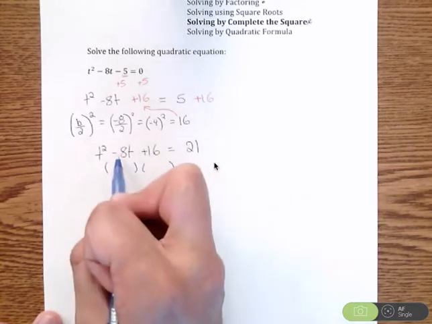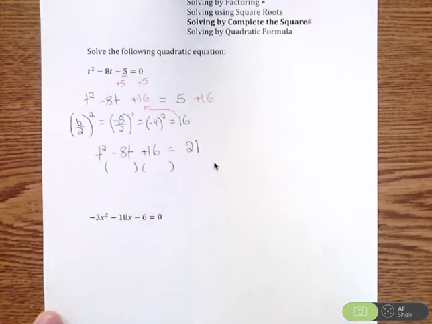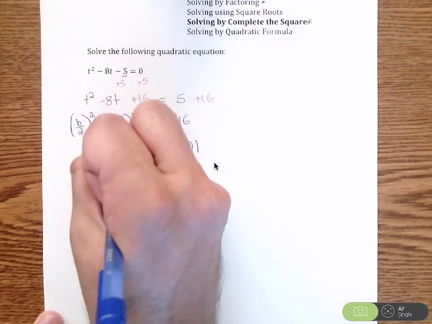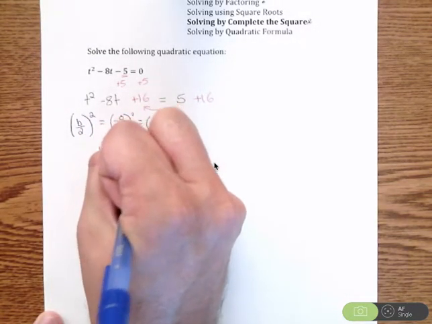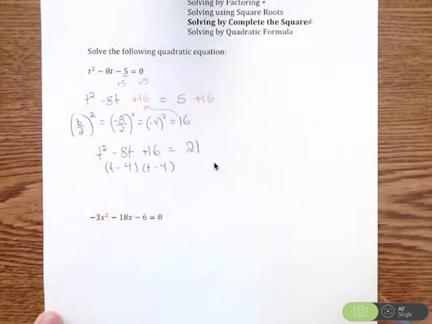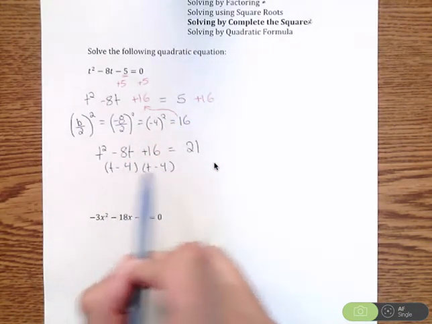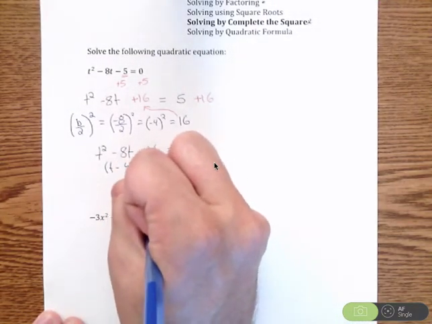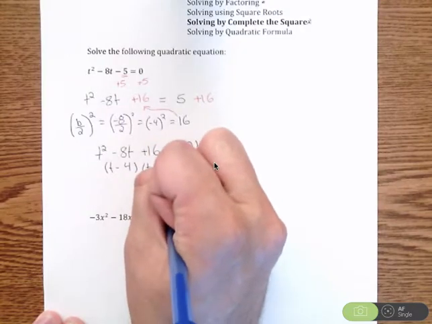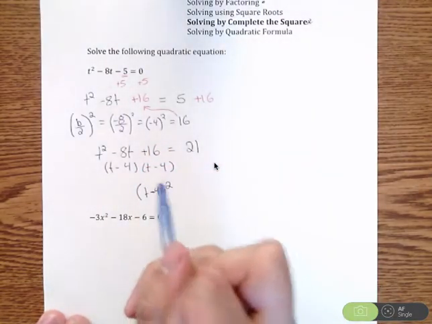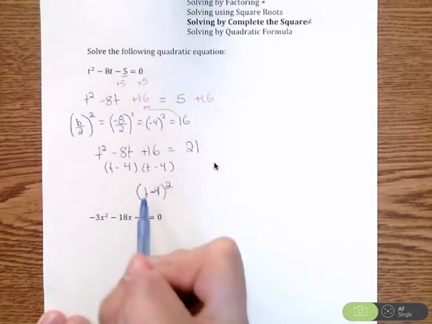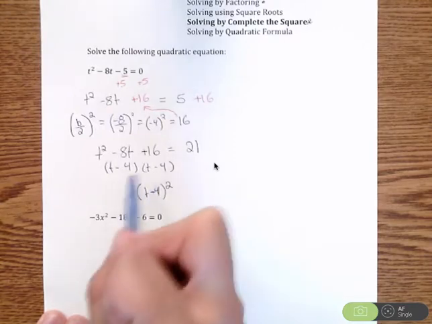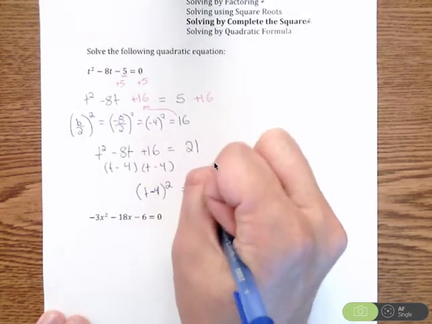We get t minus 4 and t minus 4 as our factors. Now, when you have the same thing there, what we can write is t minus 4 squared. Whenever you have the same thing multiplied together, you can write that as t minus 4 squared. This is still equal to 21.